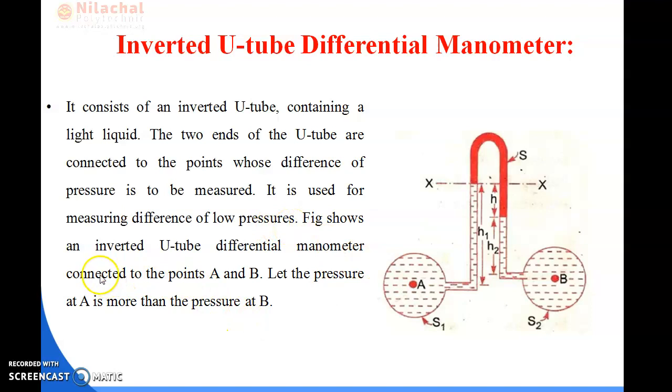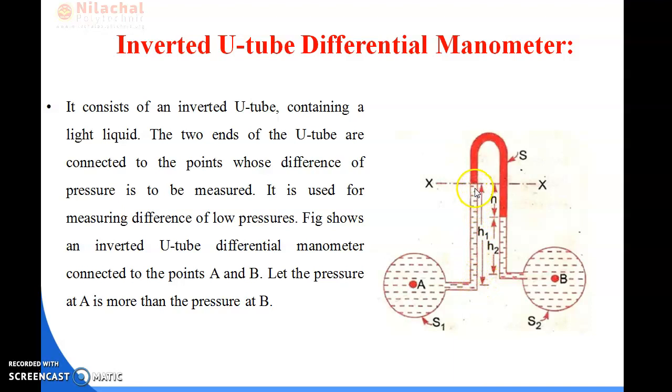As the figure shows, the inverted U-tube differential manometer connects the two points A and B. Let the pressure PA be more than PB. So what will happen if this side has more pressure?